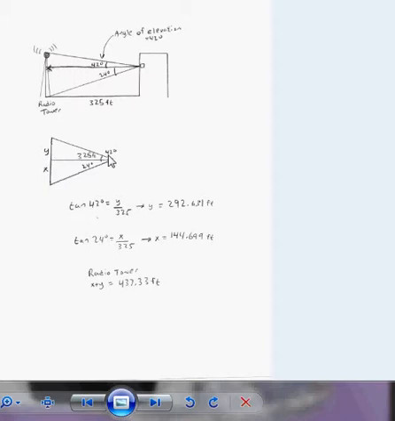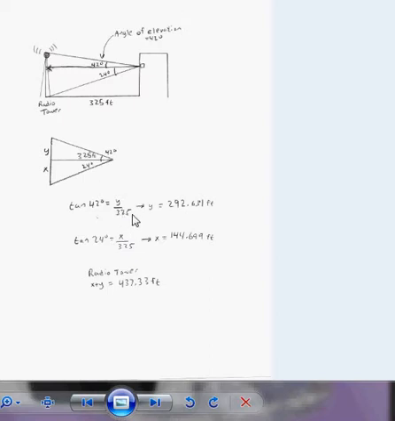So since I have this angle here, I'm looking for the opposite side of this triangle, and I have its adjacent, so the tangent function would be the trig function of choice. So the tangent of 42 degrees would be the opposite, which is y, over the adjacent, which is 325 feet.